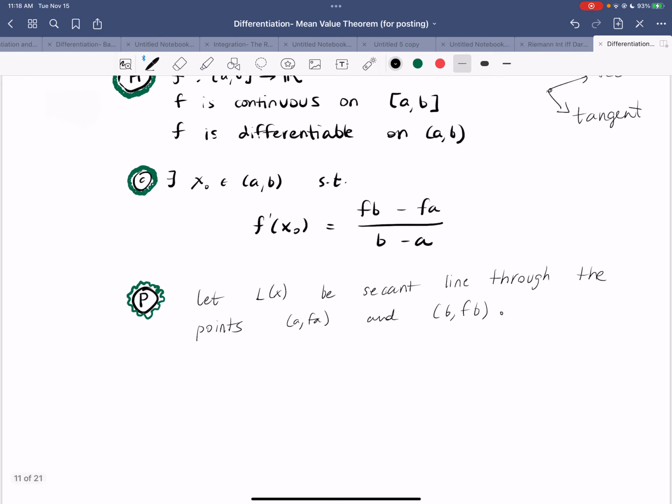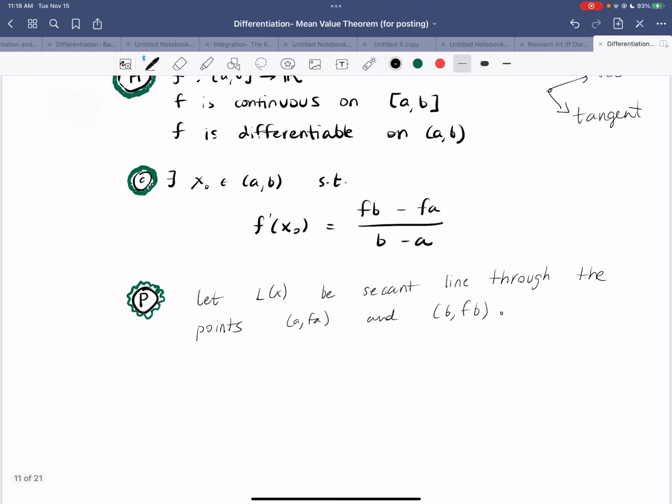So suppose not. So if f is not constant, right, so here's A and here's B. If f is not constant, then that means that there have to be 2 points where f disagrees. So then there exists x naught, x1 in AB, 2 distinct points.